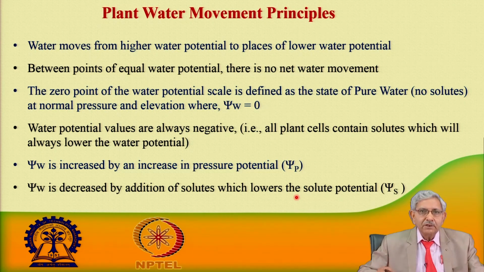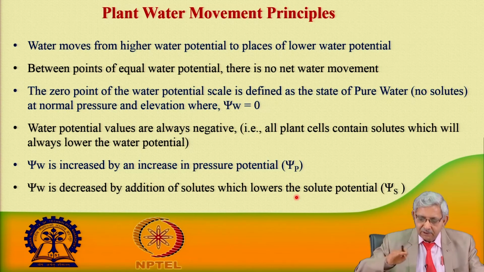Basically, the fundamental principle involved is that water moves from higher soil water potential to lower soil water potential, or from higher plant water potential to lower plant water potential, and between points of equal potential there is no movement of water.